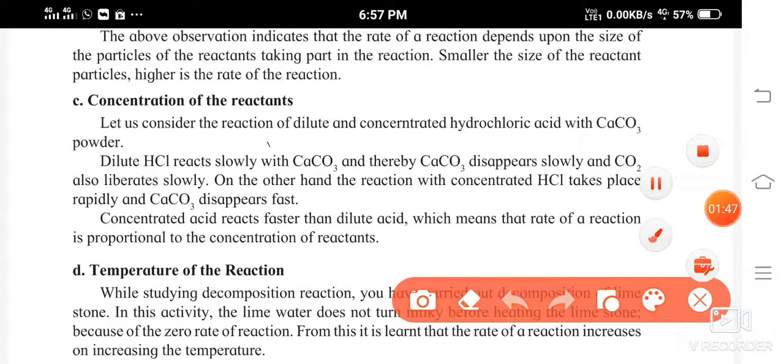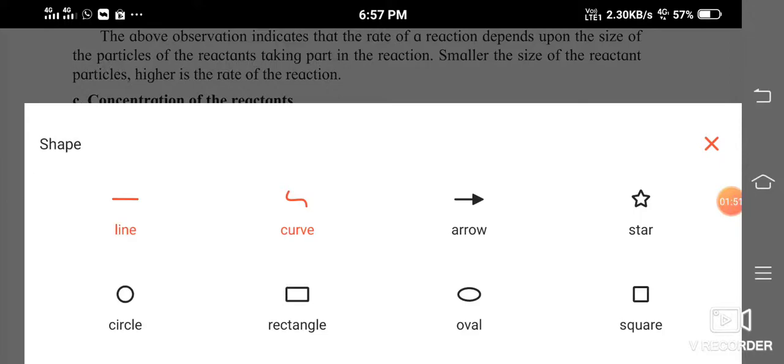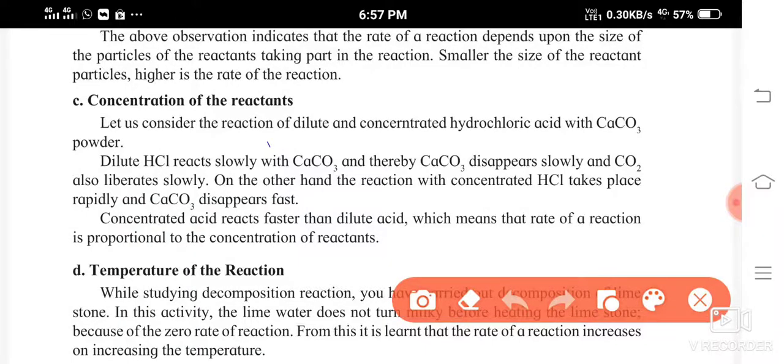Let us see how this calcium carbonate is going to react with these two.